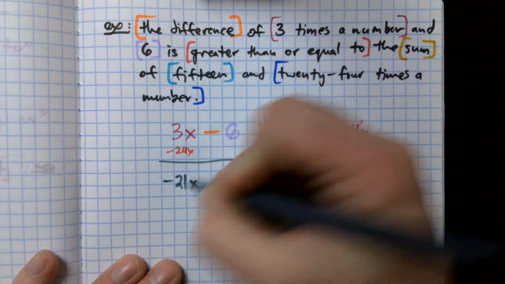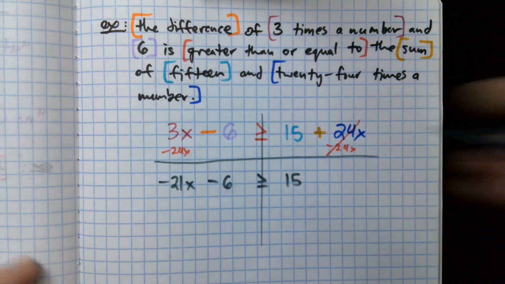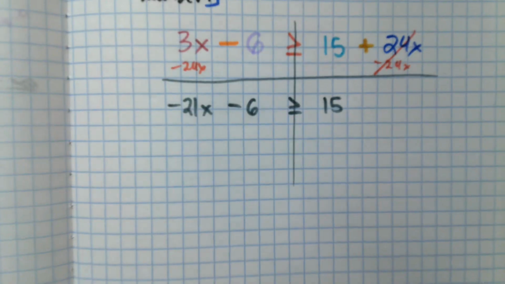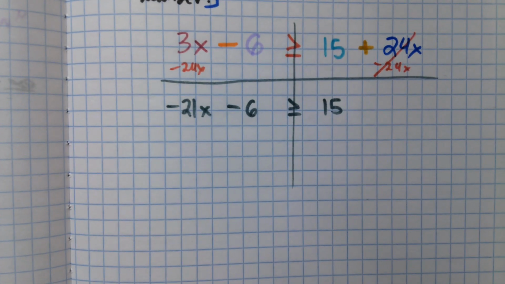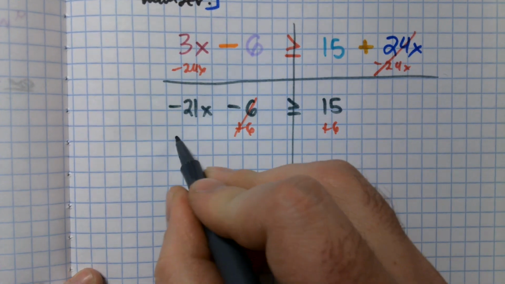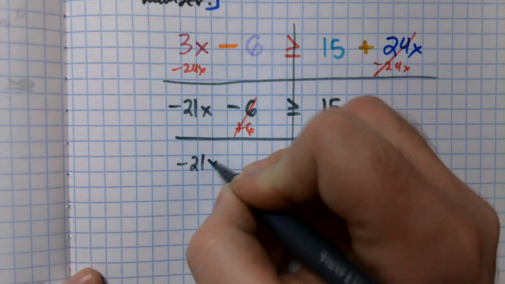Negative 21x minus 6 is greater than or equal to 15. What do I do now? Add 6. What's 15 plus 6? 21.